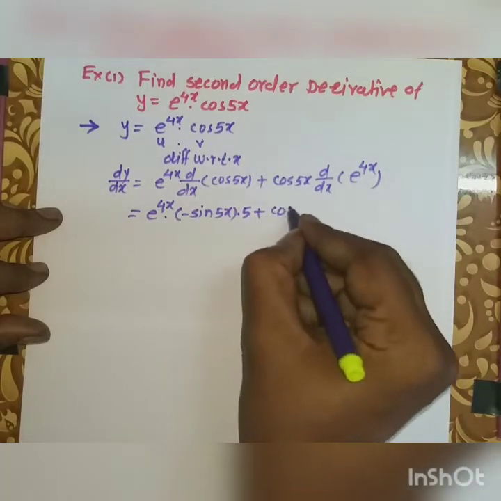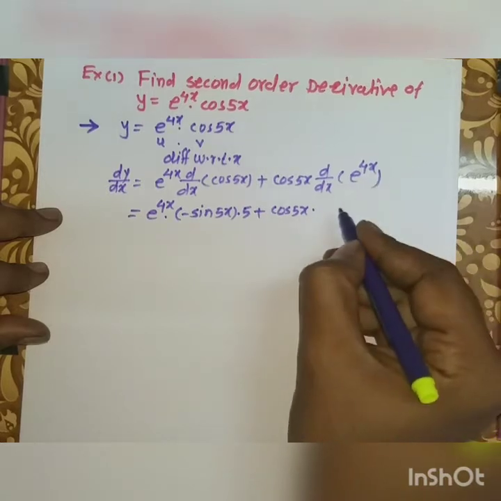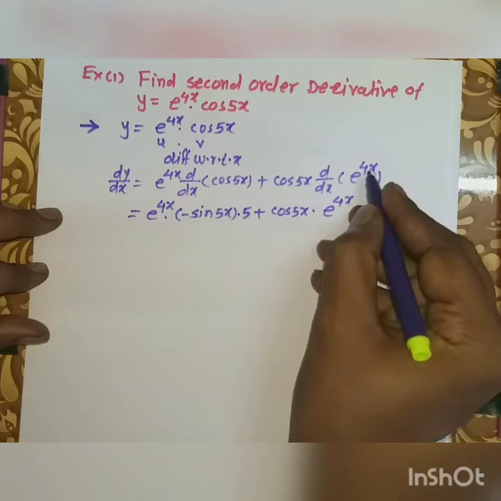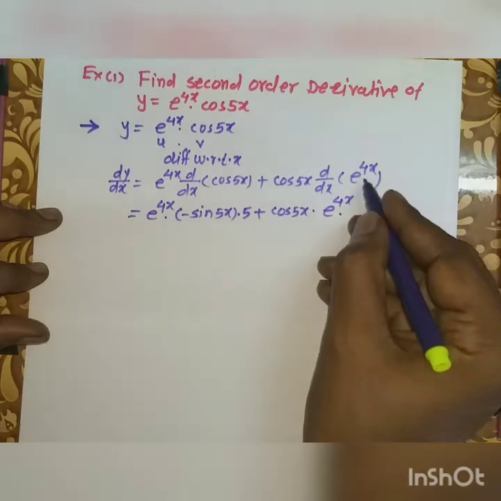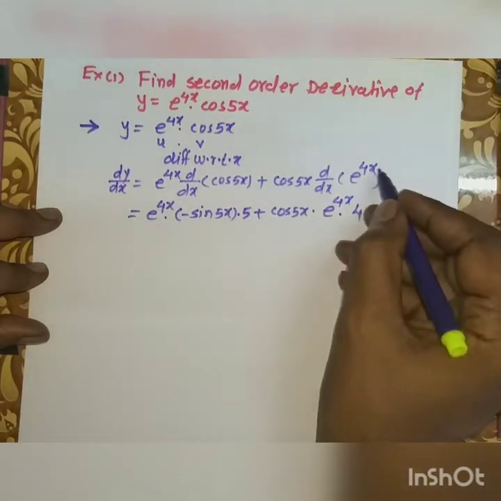Plus cos 5x into the derivative of e raised to 4x, which is e raised to 4x because in place of x here is 4x, again take the derivative of 4x, which is only 4.